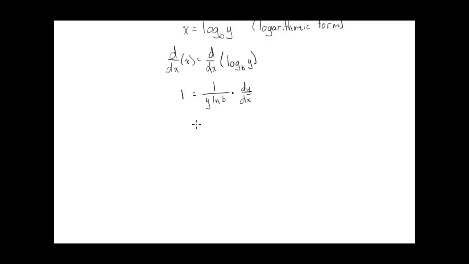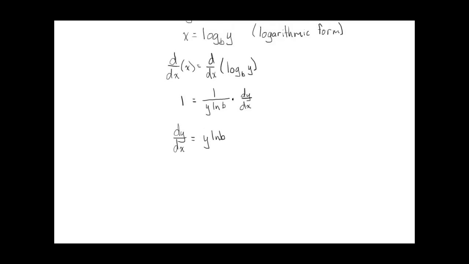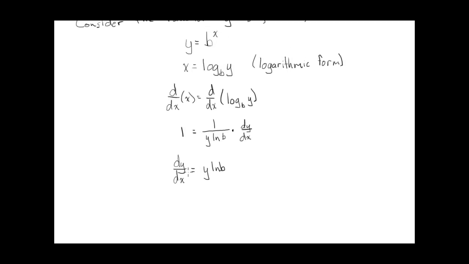And then solving for dy dx, you're going to get dy by dx equals, multiply both sides by y ln b, and then replace, we want this as a function of x, y is equal to, remember, y equals b to the power of x, so dy by dx is equal to b to the power of x times ln of b.